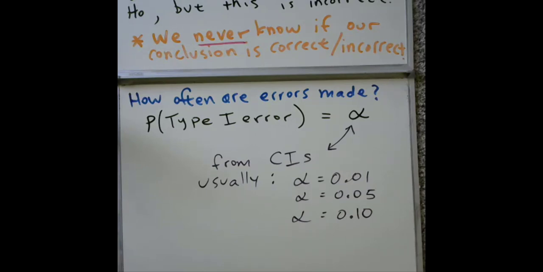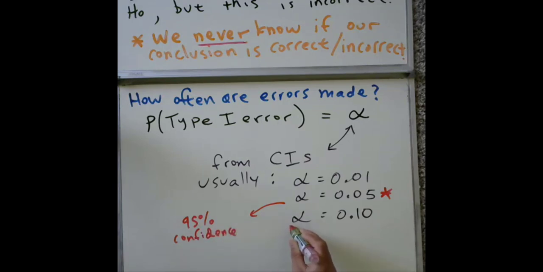And there's pros and cons to these values, and partly why we say 0.05 is the most common. Remember that that connects to 95% confidence.